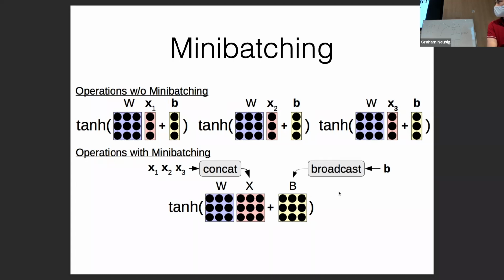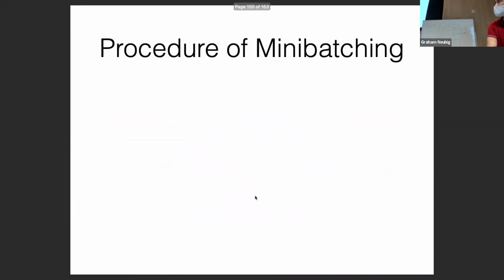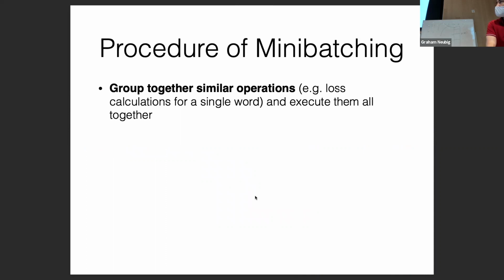We then take this vector B and do an operation called broadcasting, which pseudo-duplicates it along a dimension. It's not actually duplicated in memory, but it's duplicated for the purpose of running the operation. That's supported in NumPy, CuPy, and any toolkit you're interested in. So basically we group together similar operations, like loss calculations for a single word, and execute them all together.